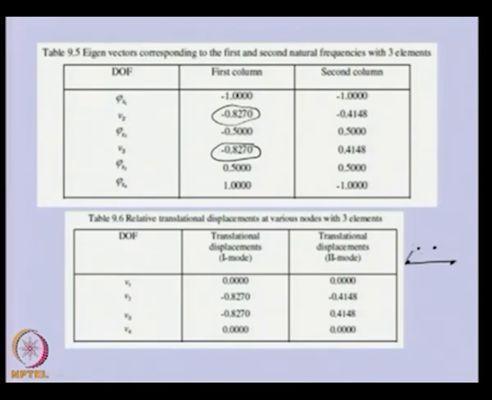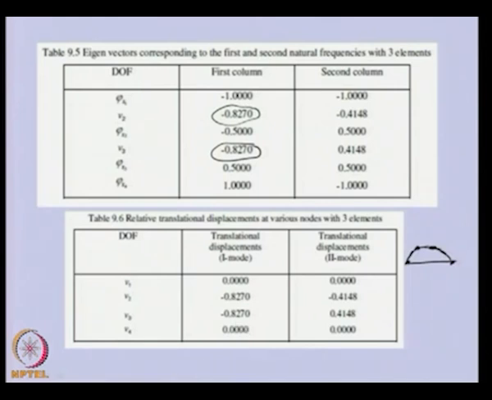The shape function is cubic in nature, so we will get something like this for the first mode, but only these are the intermediate points we know from the finite element method. In between we need to predict using the shape function. So this is for the first mode.